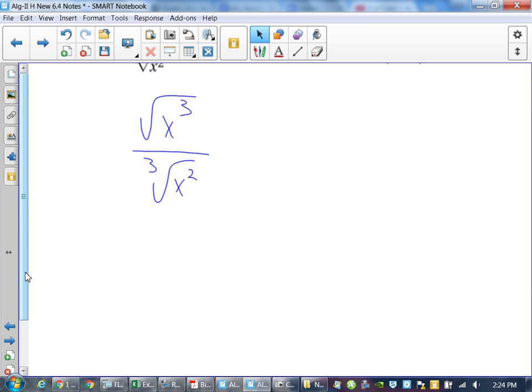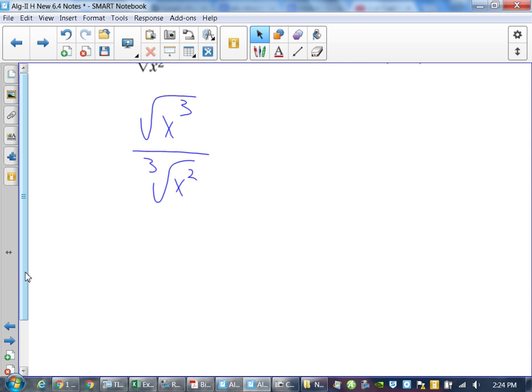If I do this, the way it stands, the square root of x cubed over the cube root of x squared, quite the conundrum. If I convert those both to a fractional exponent, you can play the game of war rather quickly.